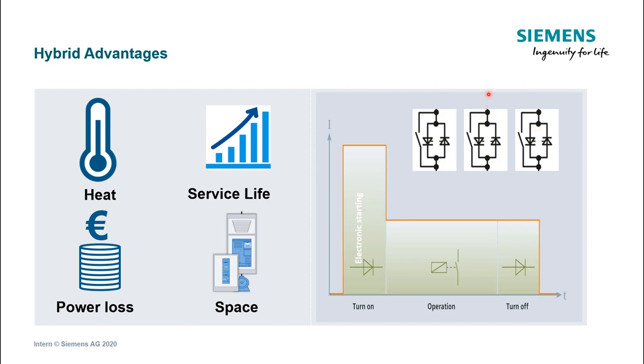On the middle phase, it would just be straight through rather than having the anti-parallel thyristors and a built-in bypass. It would just be a straight through contact. Now, the way that this works is during the startup, once a start signal has been received, the voltage and the current passes through the anti-parallel thyristors.